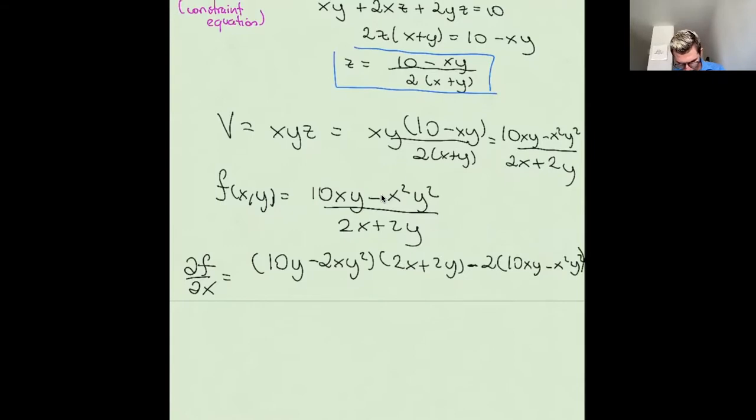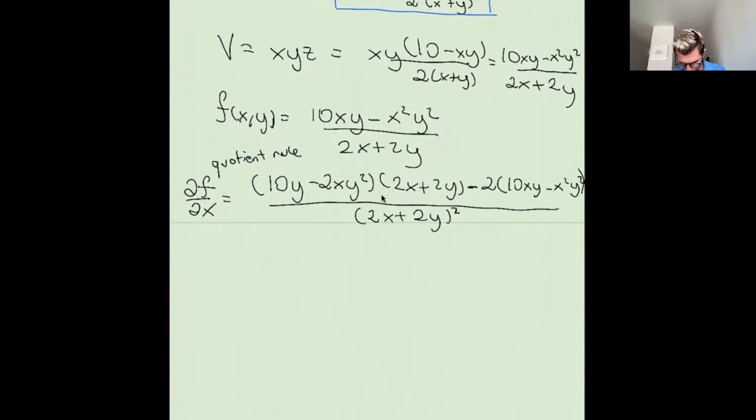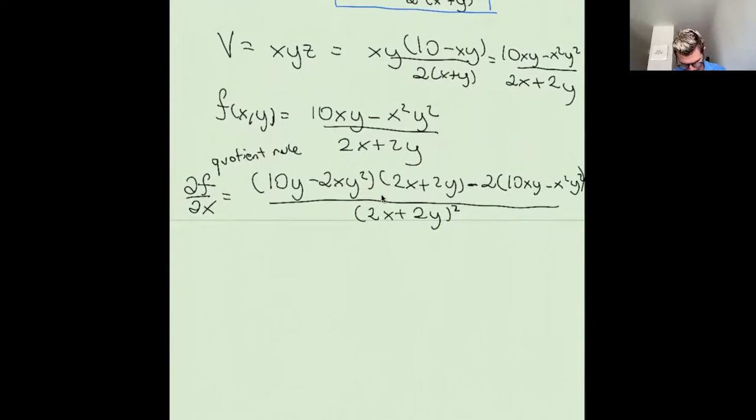And this is divided by the denominator squared. Does this look familiar? This is the usual quotient rule, right? Is that making sense?